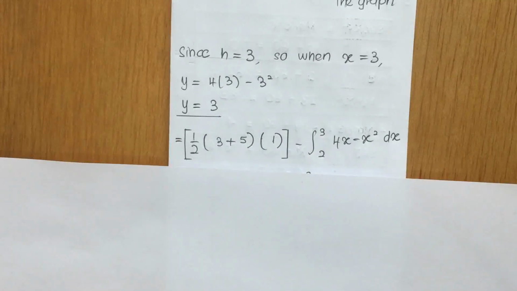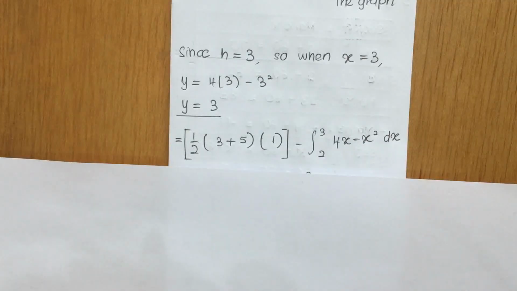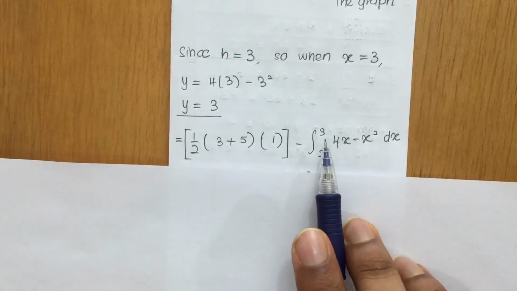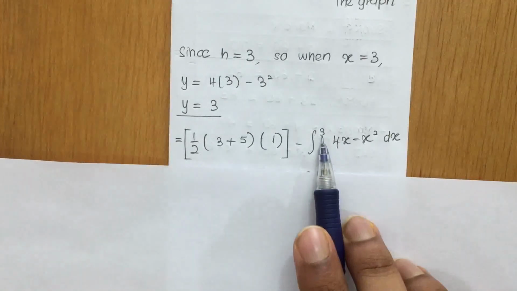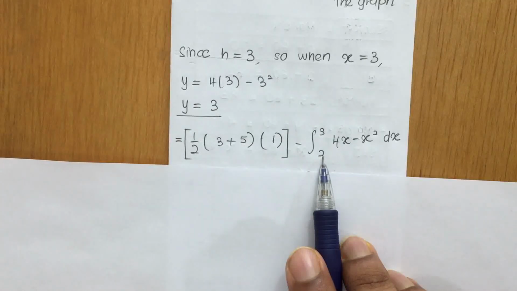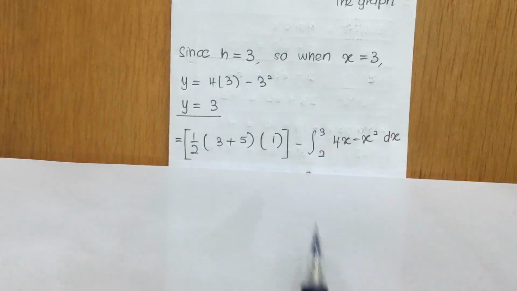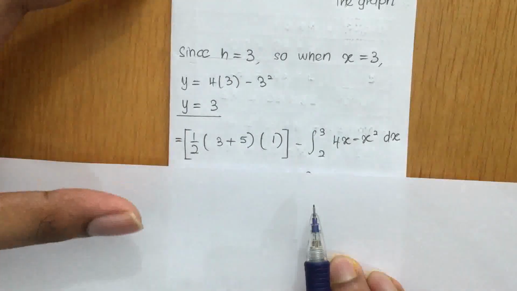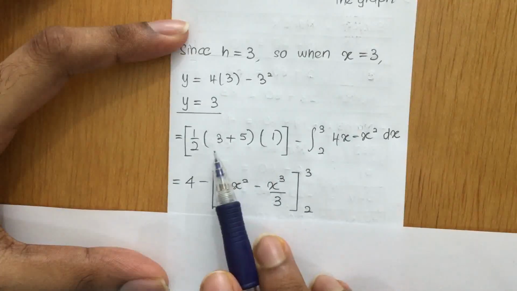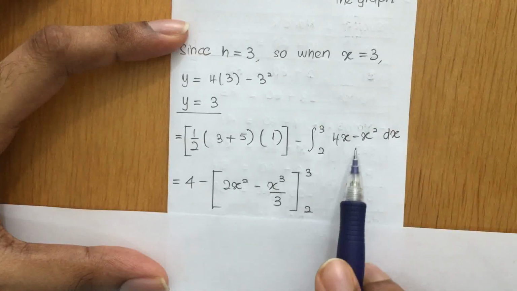For the area under the graph, we're going to perform the normal integration calculation, for 4x minus x squared with respect to dx, with limits 3 to 2. This 3 is your upper limit and this 2 is your lower limit. We're going to do these two calculations simultaneously. From here you get the area of the trapezium is 4. So 4 minus the area under the graph.